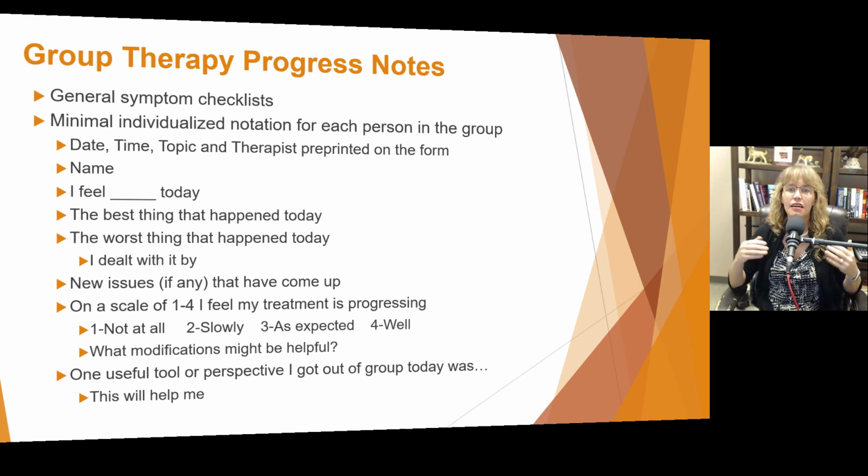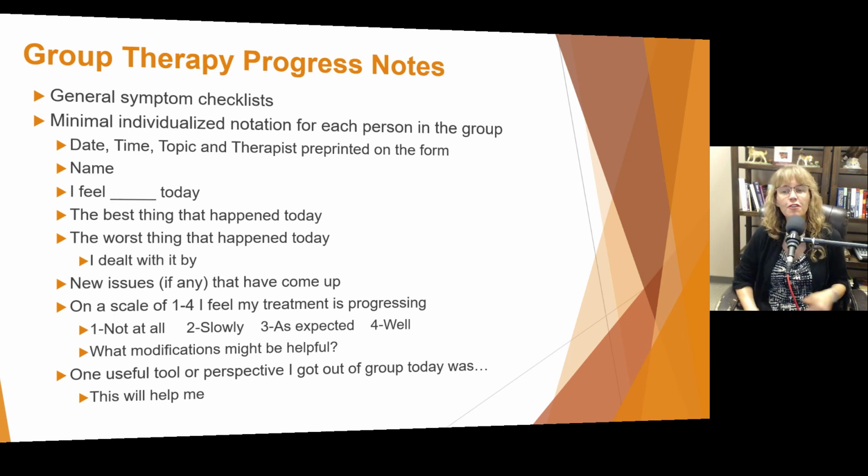And then again, have the date, time, topic, and therapist pre-printed on the form, and then have the client fill out the following sections: their name, I feel blank today, the best thing that happened today, the worst thing that happened today, and I dealt with it by, new issues, if any, that have come up since last session.